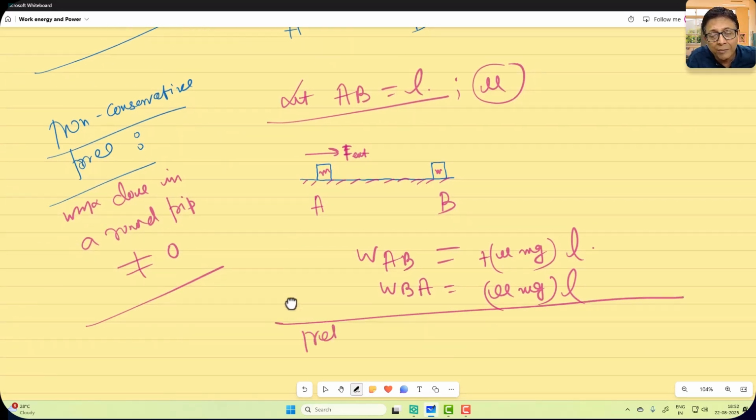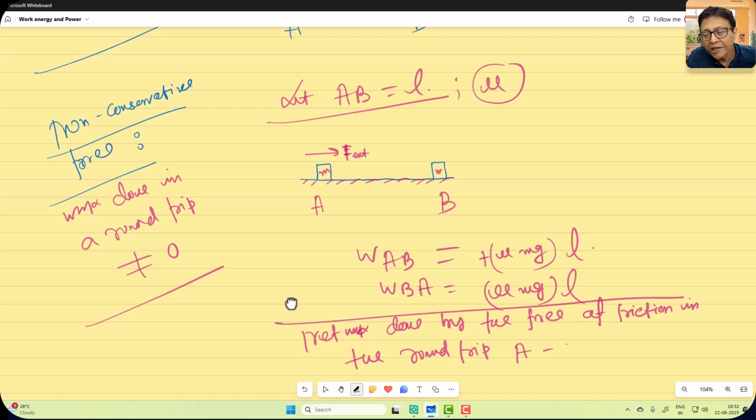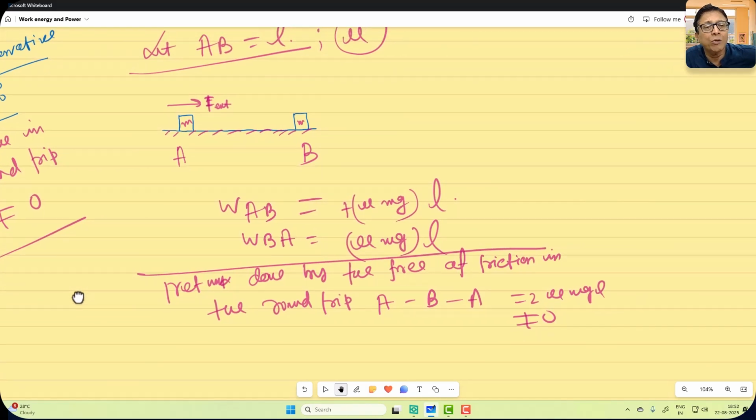Net work done by the force of friction in the round trip A to B to A will be 2 mu mgL. This is not equal to 0. You can say that external force, I don't know if conservative or non-conservative, but I want to tell you in terms of force of friction also.